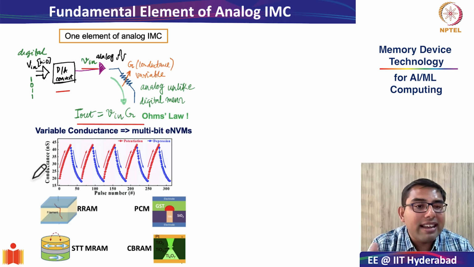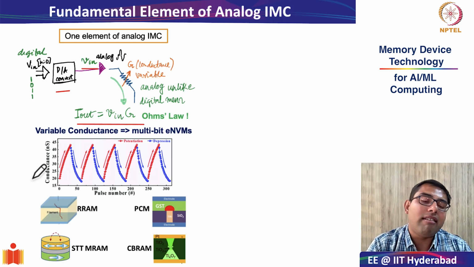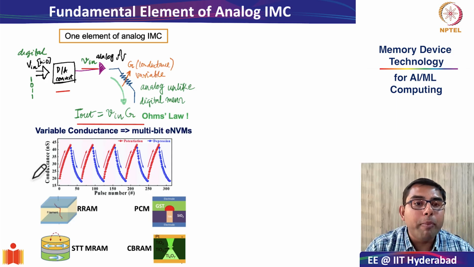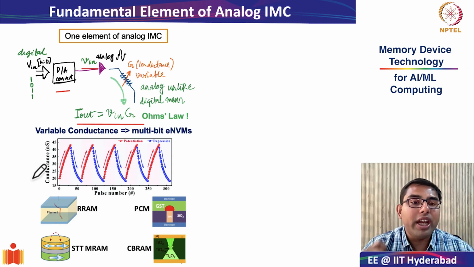I will not go into details because we have covered them when we were covering ENVMs and also synaptic applications of ENVMs in the last two sections. So this is one simple element of your analog in-memory computing where it is performing the multiplicative action.